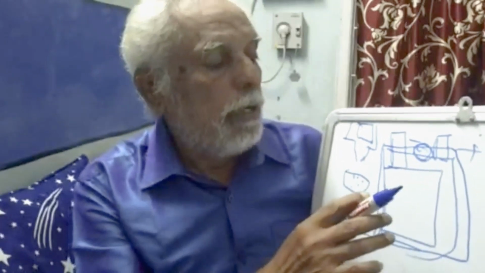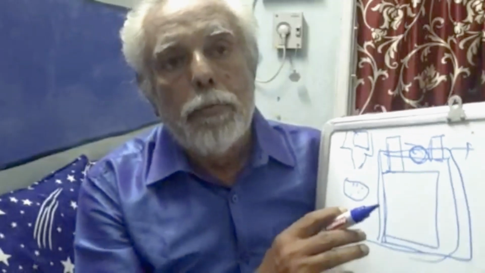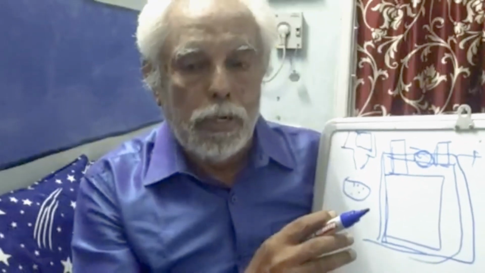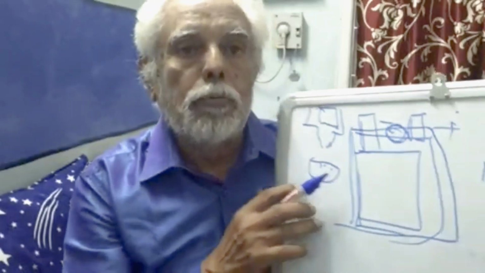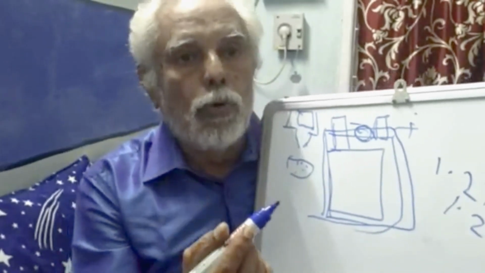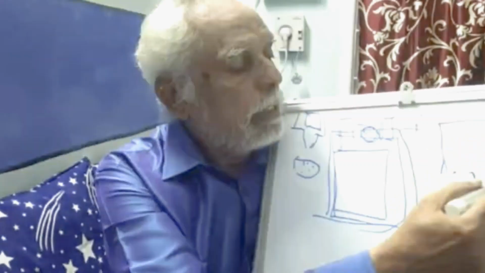After making these cells, you have to make a battery. Depending upon the voltage requirement, you have to put in the cells. Suppose you require a 12 volt battery, then 6 cells will be put inside.